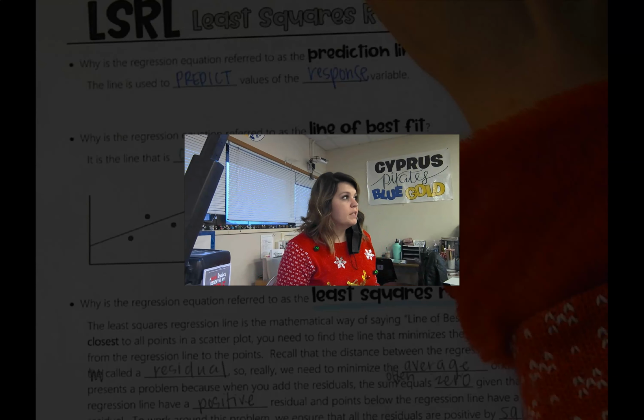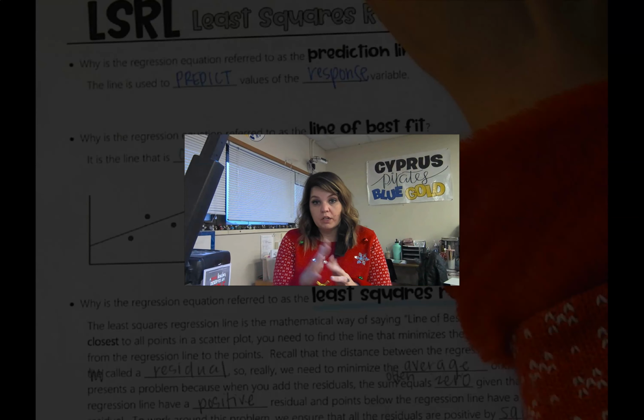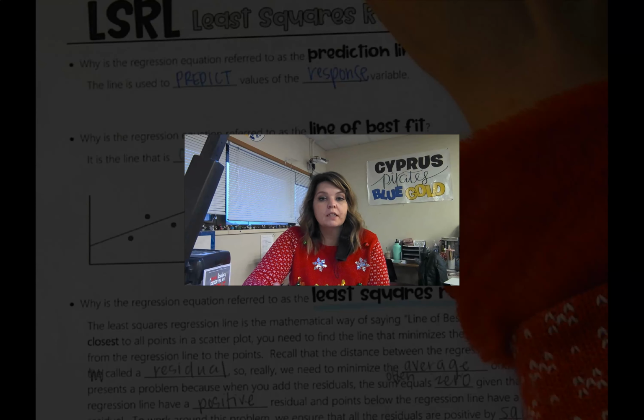You'll be asked one question specifically regarding how you find the least squares regression line, but then all of the other questions are questions that you have done before, like talking about residuals, because this is the same regression line that we've been talking about for a few lessons now.